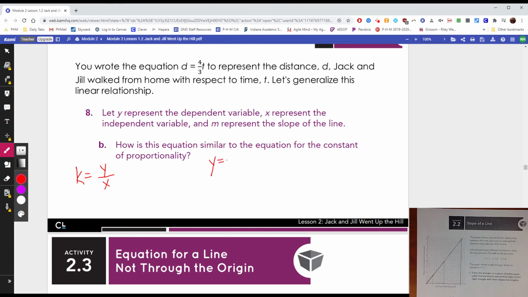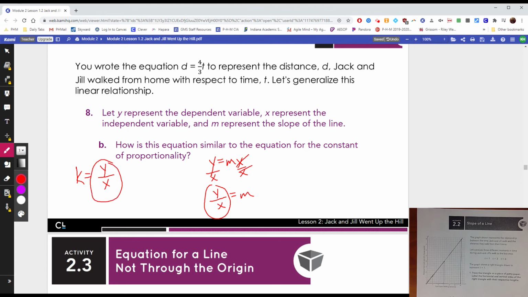Well, if we have this equation, y equals mx, and I solve it for m, that means I would have to get rid of the x that's being multiplied by m by dividing by x on both sides. And these would just cancel each other out. And I'd get m by itself. And look at that. It's the same thing as the constant of proportionality.